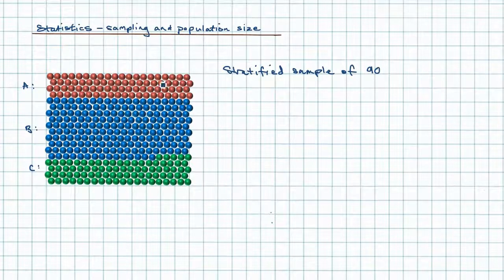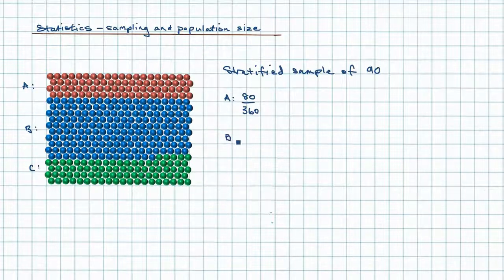Now, the very first thing I want to do is count how many we've got in A. So we've got rows of 20 here. So we've got 20, 40, 60, 80. So we've got 80 altogether. So A is 80 out of 360.